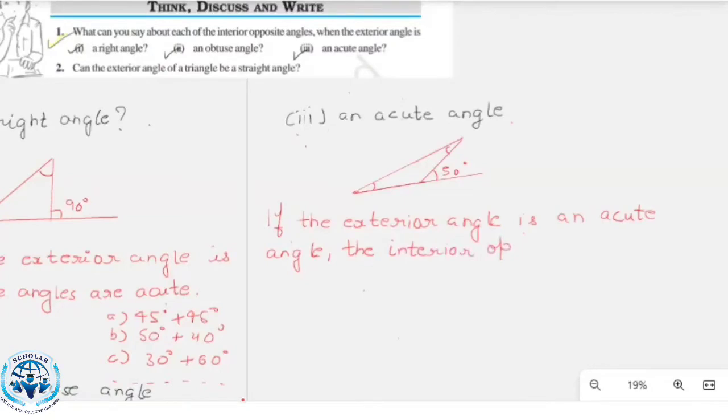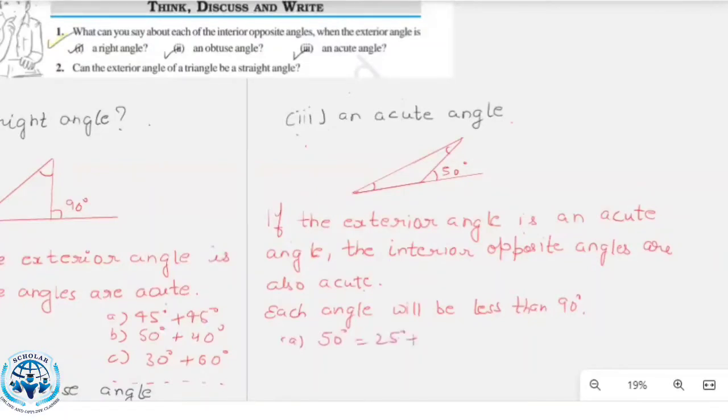Exterior angle is an acute angle, then the interior opposite angles are also acute because they can't be more than 90 degree, as the sum must be less than 90 degree, as the exterior angle is an acute angle.